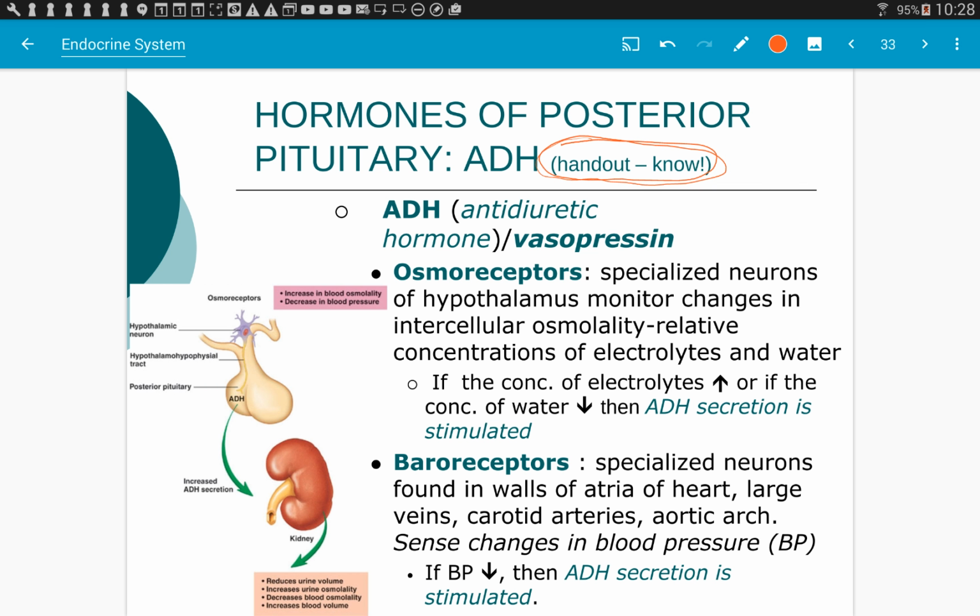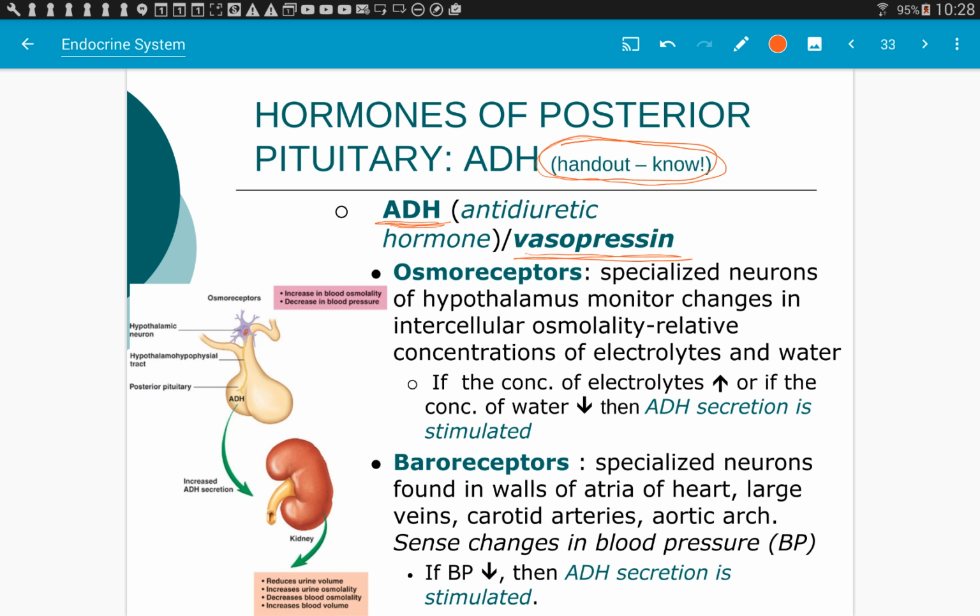Okay, so we're starting right off with ADH, antidiuretic hormone. We have talked about it a little bit before, but now we're really going to talk about it. The other term for ADH, or antidiuretic hormone, is vasopressin. Not to be confused with somatostatin. Do you guys remember that?